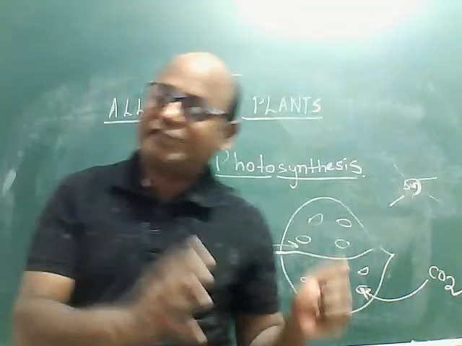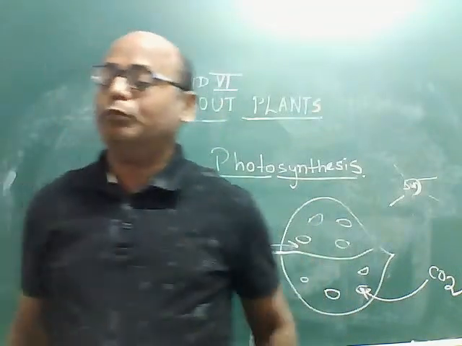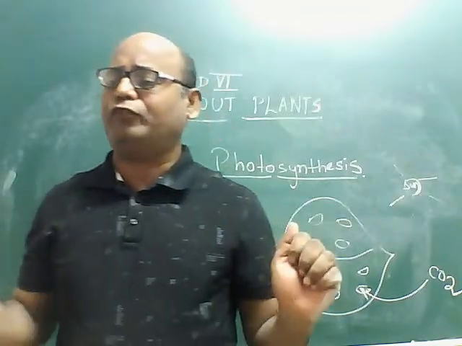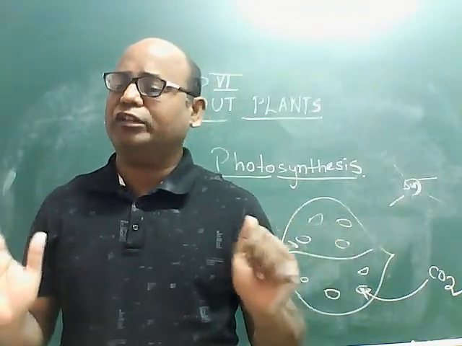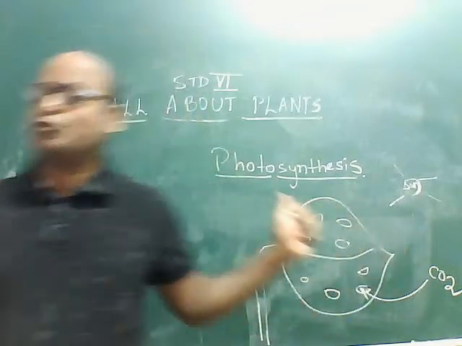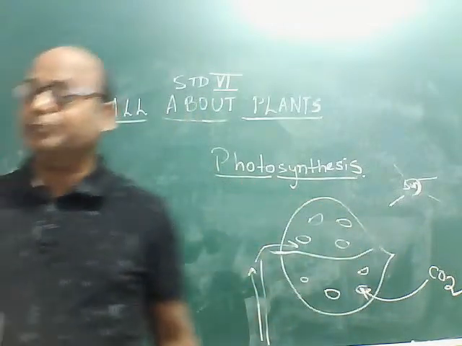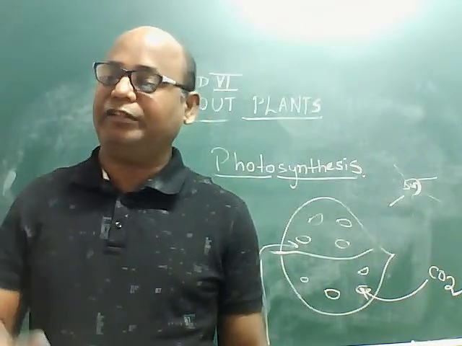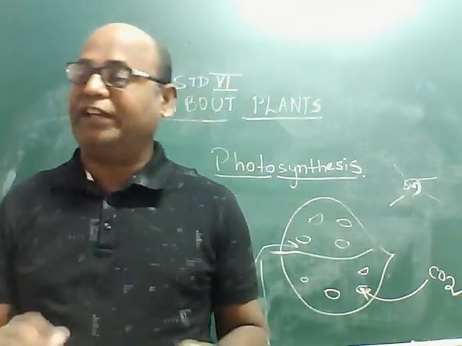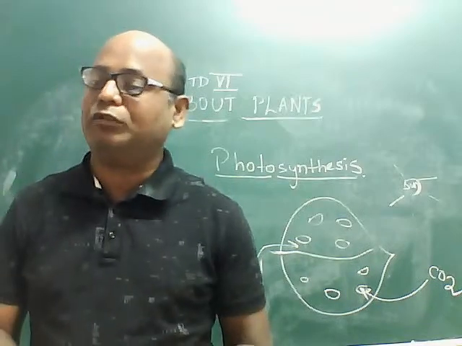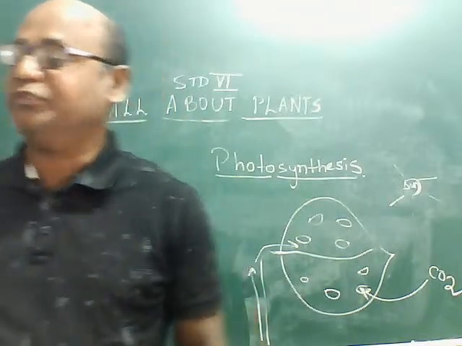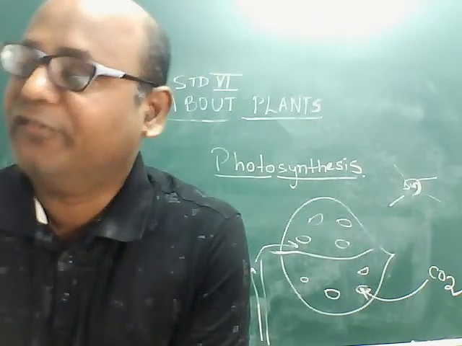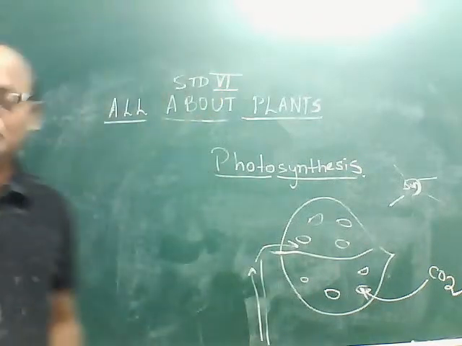So oxygen as well as food, both are very, very important for the existence of life on the earth, and therefore this process is a life-giving process, because carbon dioxide and water get combined. The energy required for the process is trapped by the chlorophyll, and oxygen is given out in this process along with food, that is glucose.